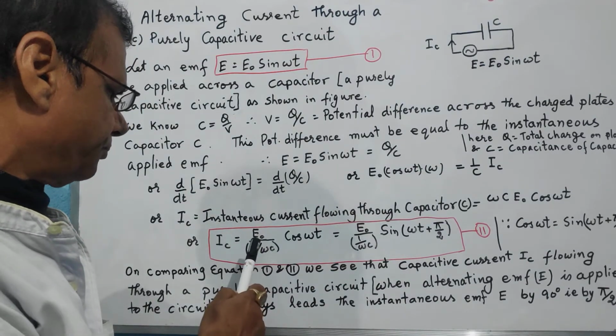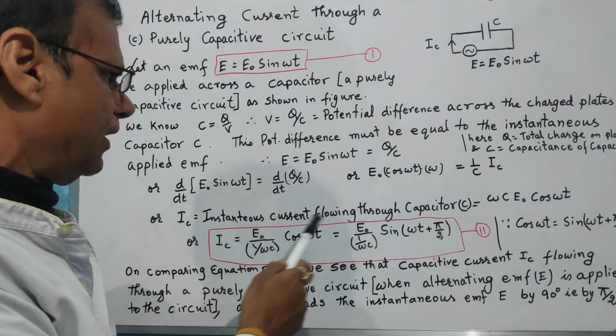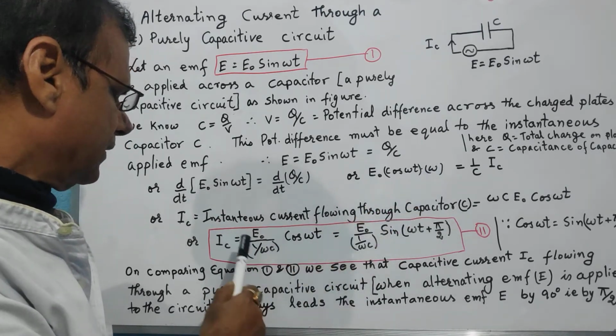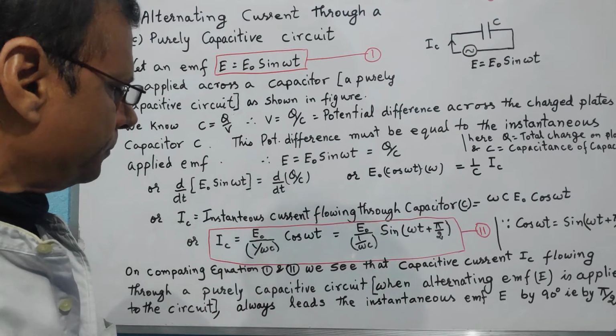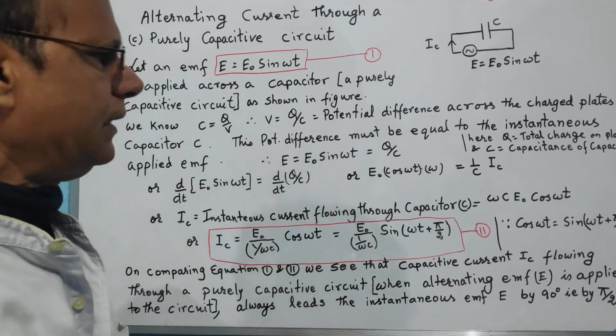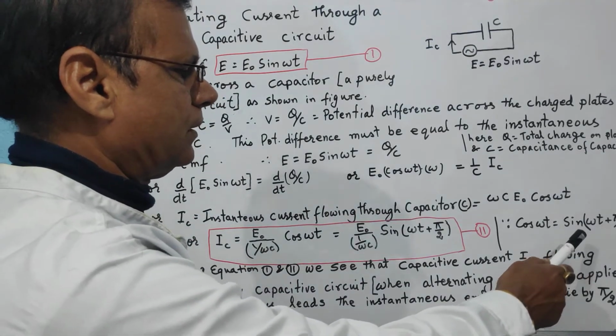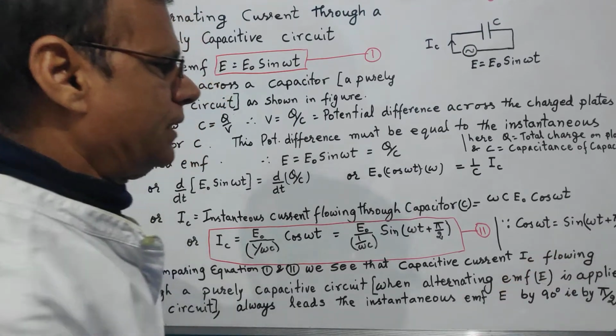Well, we want to express this in the denominator. For that we reciprocate it, and cos omega t is already there, and this cos omega t can be written in terms of sine, and that becomes sin of omega t plus pi by 2.